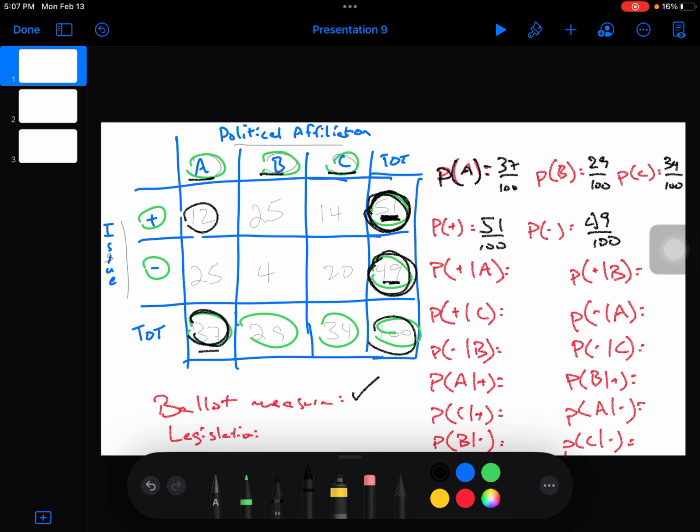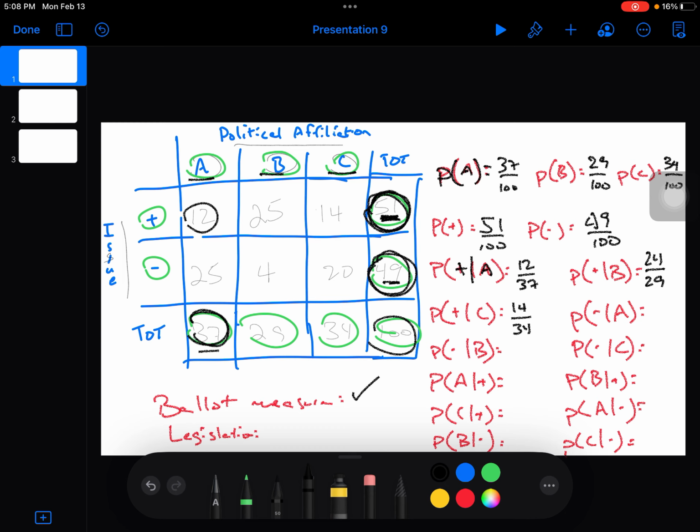So let's look at some conditional probabilities, like the probability that somebody is for the policy proposal given that they're in Party A. That's 12 who are for it in Party A out of a total of 37 in Party A. Probability of being for it given B: our given is the total population, that's 29, and the total who are for it is 24. The probability of being for it given Party C follows the same pattern: 14 out of 34 are for it in that party.